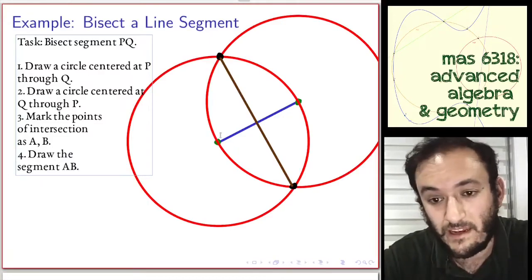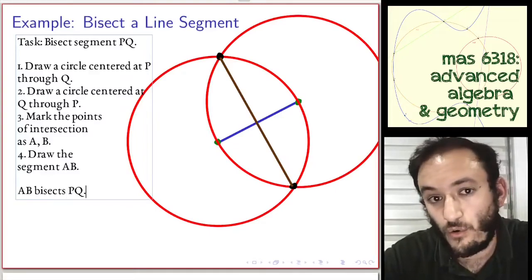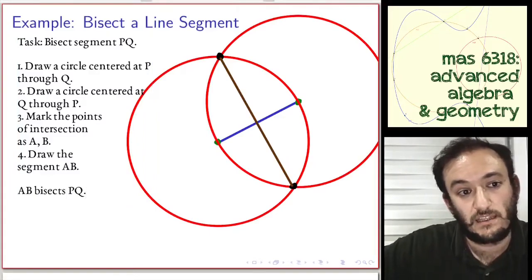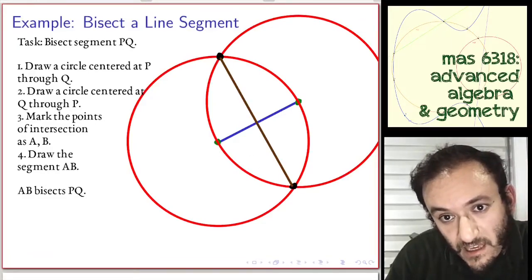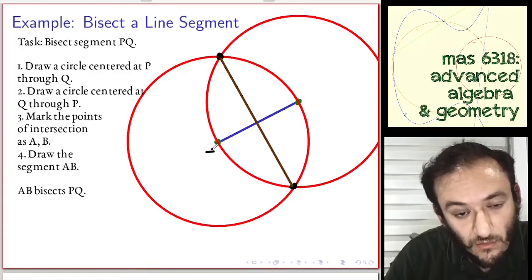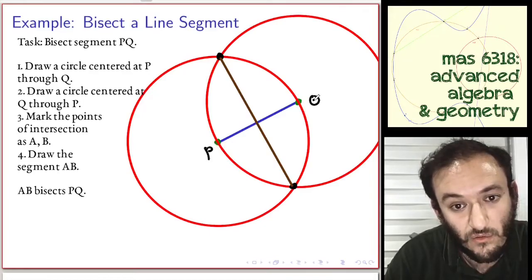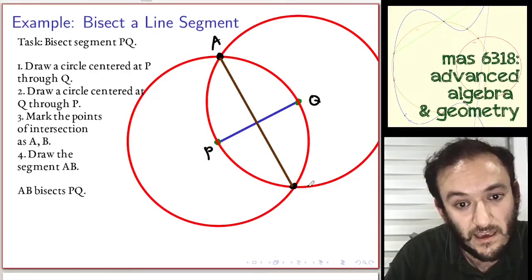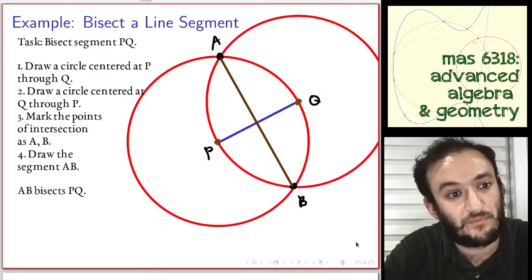That segment will bisect our original line segment, and we can just write down these names so that we know exactly what we're talking about. This should be P and Q, and this is A and B. Okay, that's bisecting a line segment.